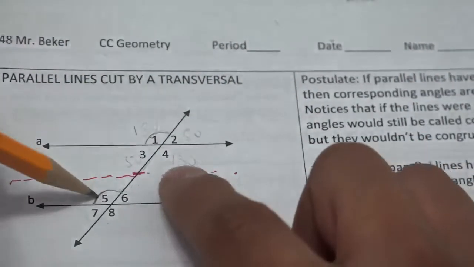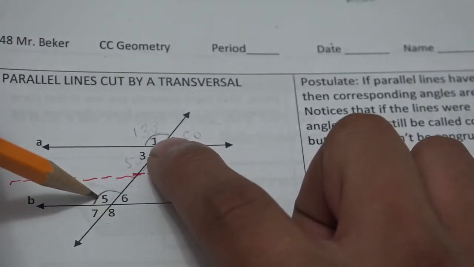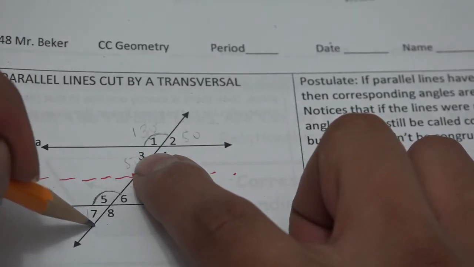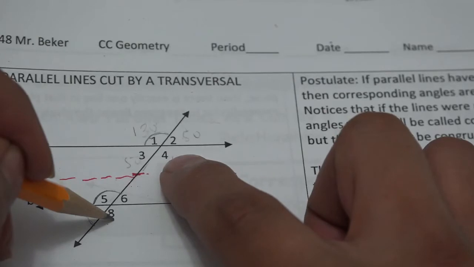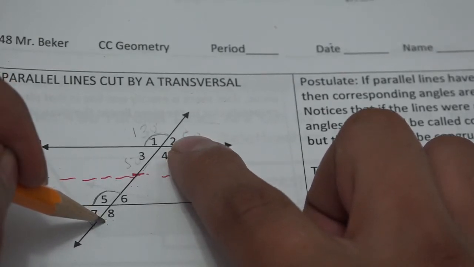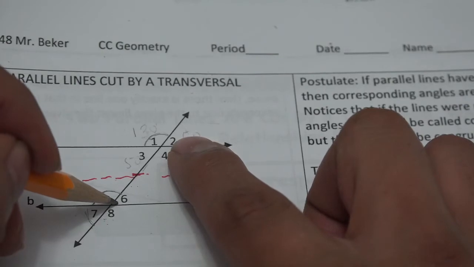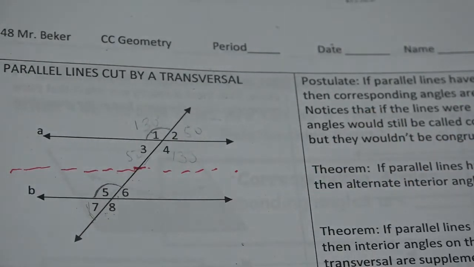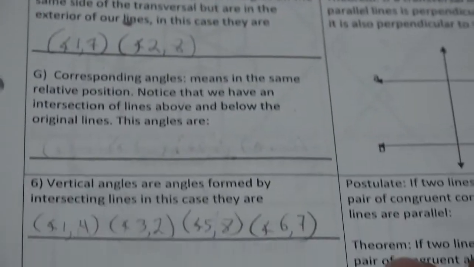So angle 1 corresponds to angle 5. Then if I move down to angle 3, then I have to move down to angle 7. If I move here to angle 4, then I go to angle 8. If I move here to angle 2, I move up here to angle 6. So those are corresponding angles. So 1 with 5, 3 with 7, and so on and so forth.